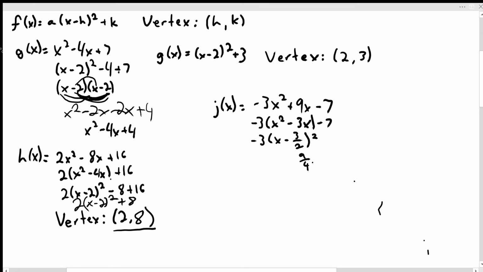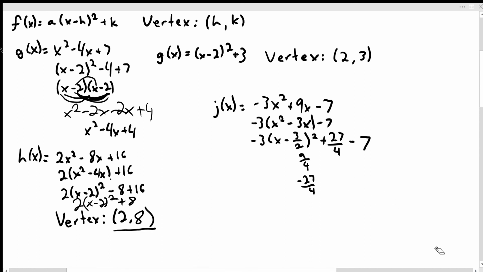And then we know that we're going to need to multiply this by our negative 3. So we'll have negative 27/4. And then what we're going to do is we have to subtract that. So since this is a negative number, we're actually going to add 27/4. And then subtract the 7.